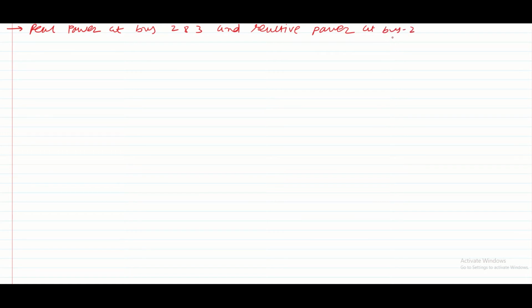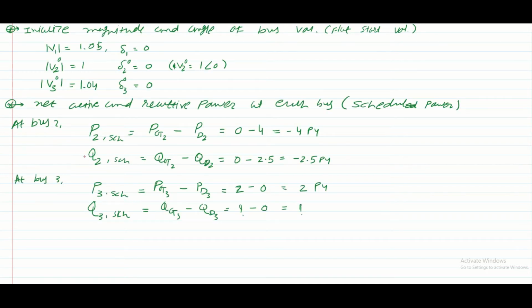Okay, why? Because look over here, only at bus number 2 we will get the value of P and Q, and at bus number 3 we will get only the value of active power. So at bus number 2 we will get the value of P2 and Q2, and at bus number 3 we will only get the value of P3.